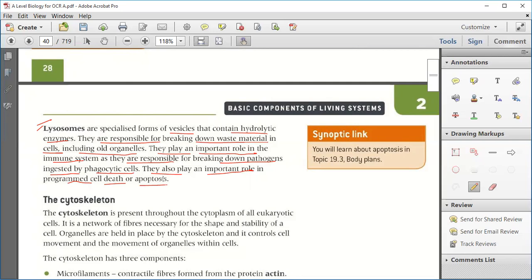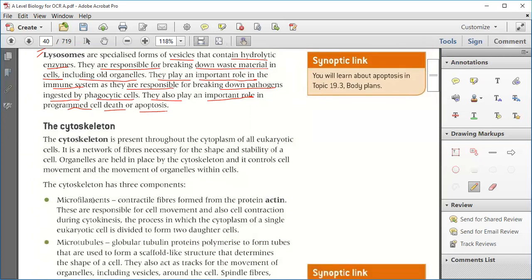Now we have the cytoskeleton. The cytoskeleton is present throughout the cytoplasm of all eukaryotic cells. It is a network of fibers necessary for the shape and the stability of a cell.